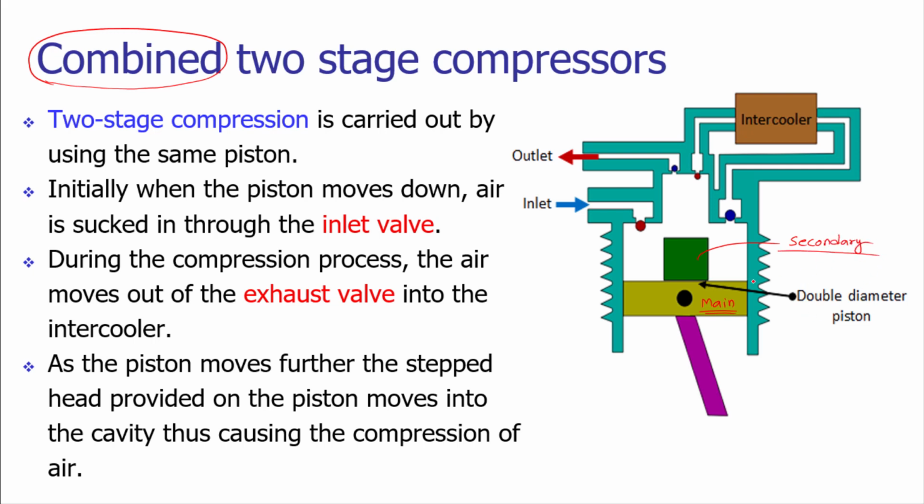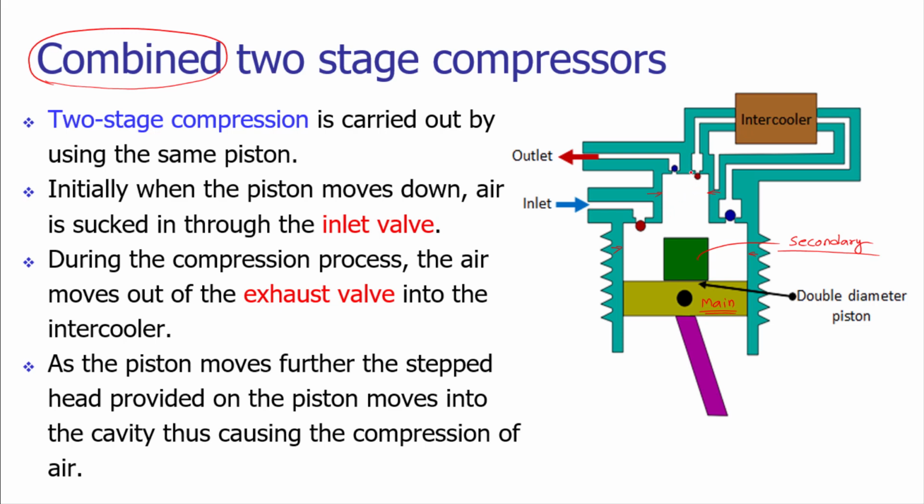The diameter of the secondary piston is lower than the main piston, and to accommodate it, a secondary cylinder is also there, which has a diameter lesser than the primary cylinder. On the top side of the primary cylinder, we have the secondary cylinder.